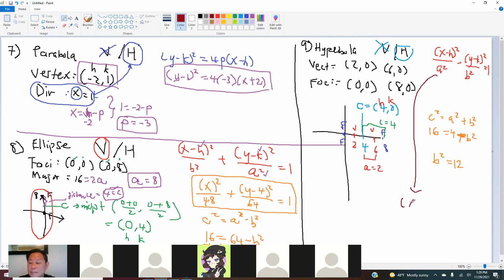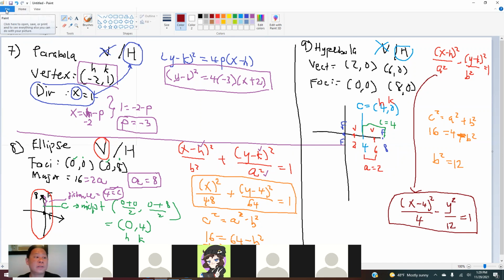You will get x minus 4 squared, since h in this case is 4, over a squared, which is 2 squared, so 4, minus y squared, because my k is 0, over b squared, which is 12, and this equals 1. So this is how you find the equation of your hyperbola. This is how we do this kind of question.